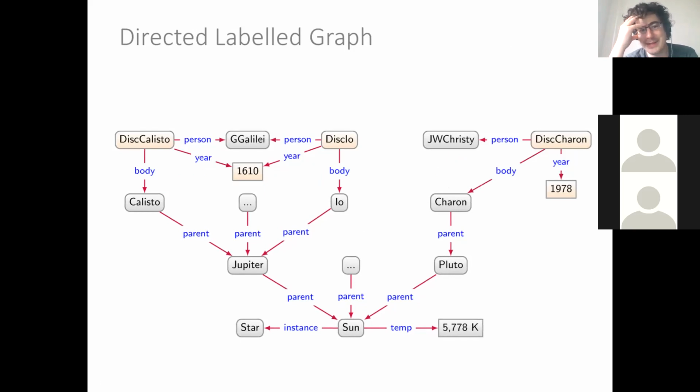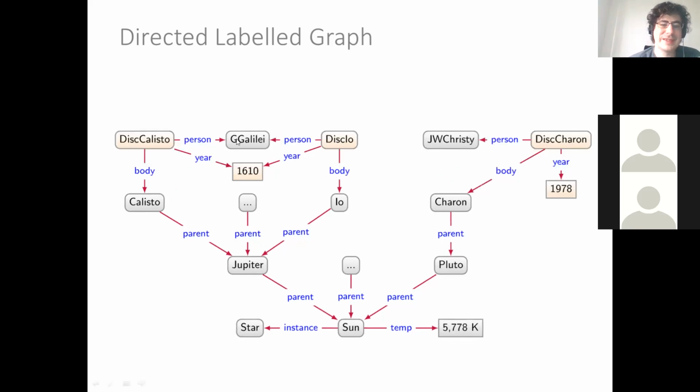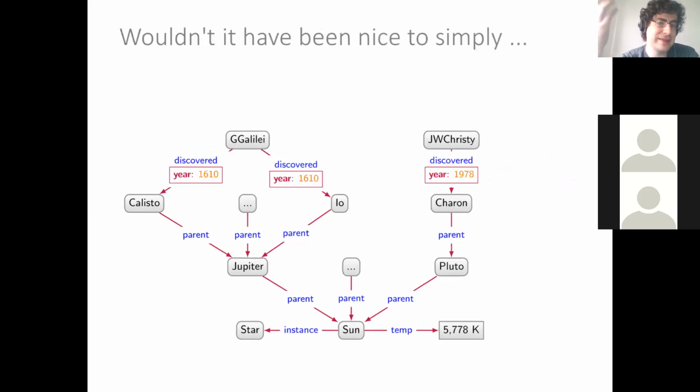It's not as simple as we saw before, just adding nodes and adding edges. We add new information here, and now the discovery changes from being an edge to being a node that's connected to all the elements of the relation. We might have to change the structure of some things. So it would have been nice simply to add the year, right?